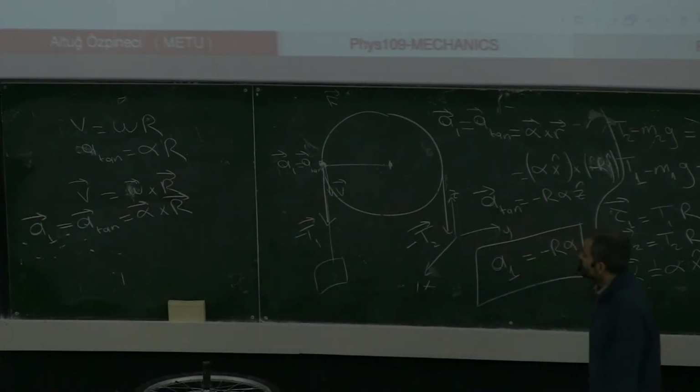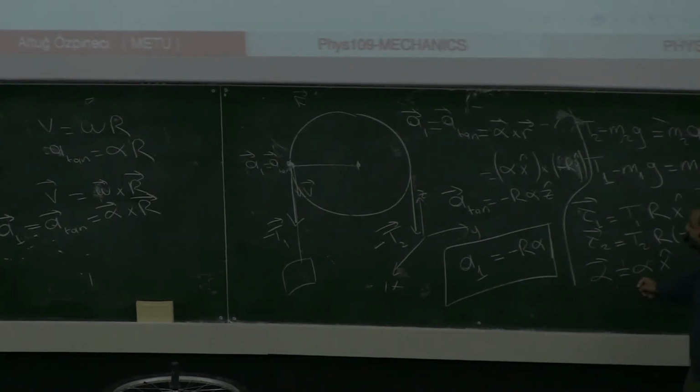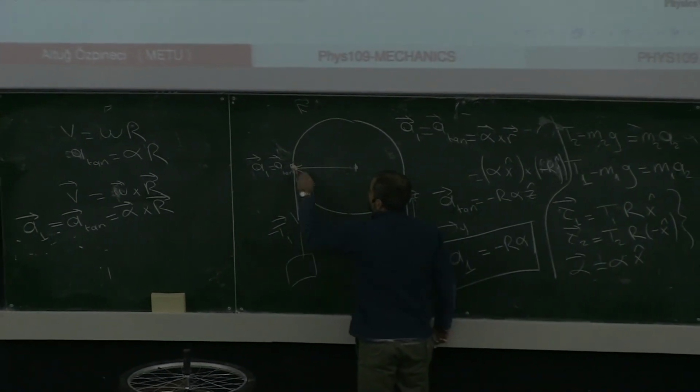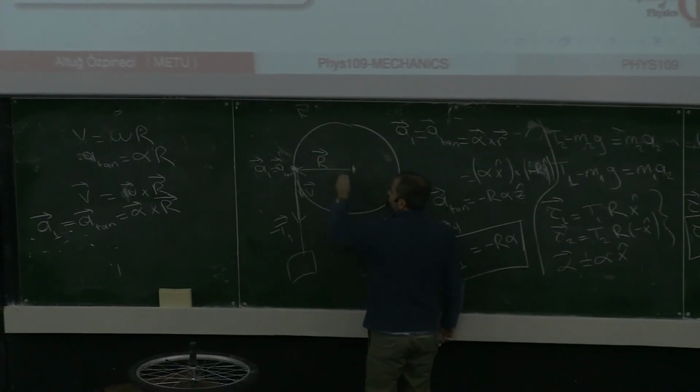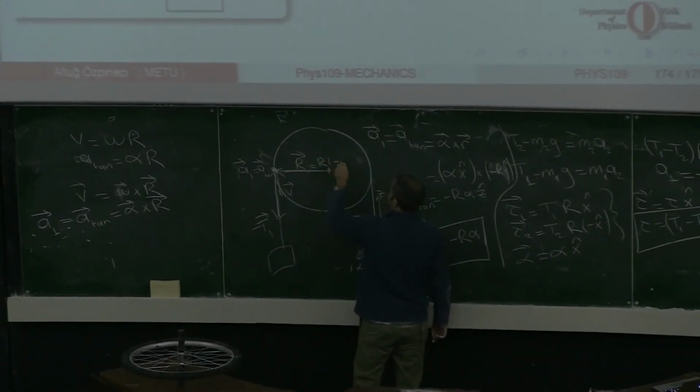The rest is just putting it in the vectors. I had defined my alpha vector like this. It is in the plus or minus x direction, depending on the sign of alpha. The r vector is this vector, which is nothing but r in the minus y hat direction.